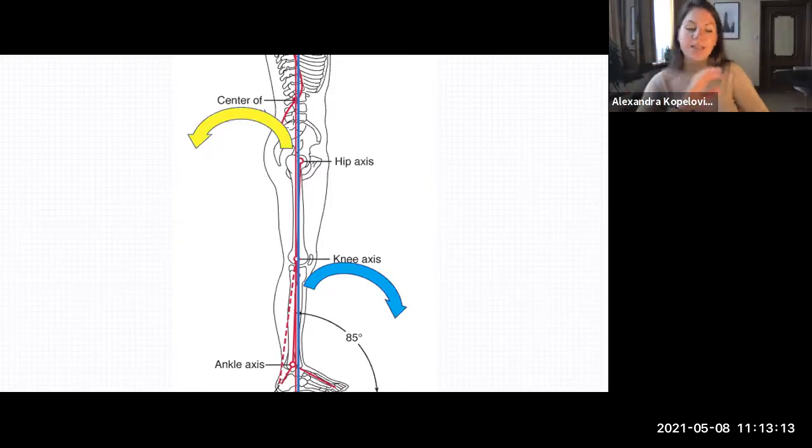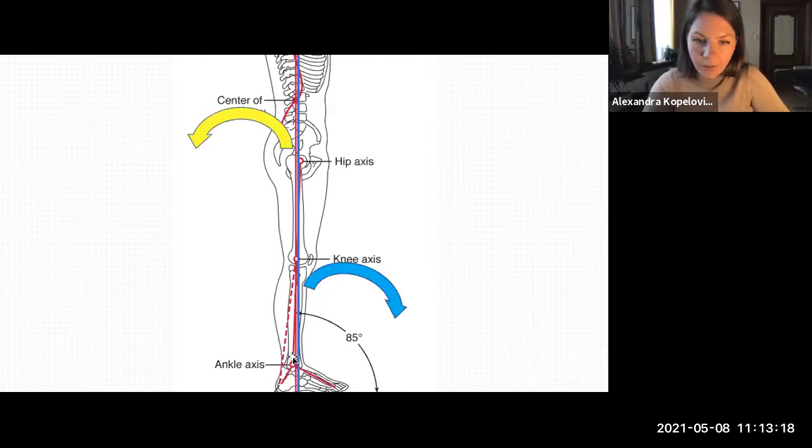So this is basic quiet standing here. Here's a red circle, and this is the axis of rotation of the ankle joint, the talocrural joint. Now we have the long red line demarcating the line of gravity. You can see that the line of gravity is just anterior to the axis of rotation.